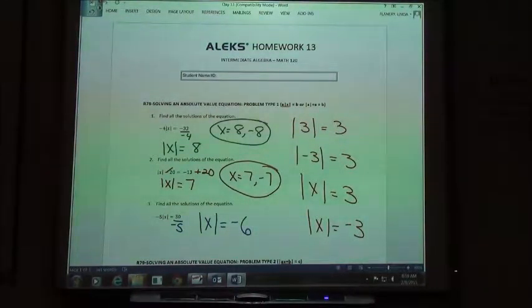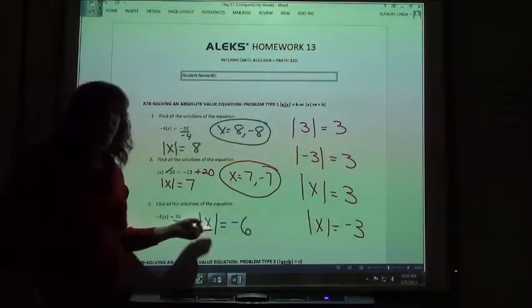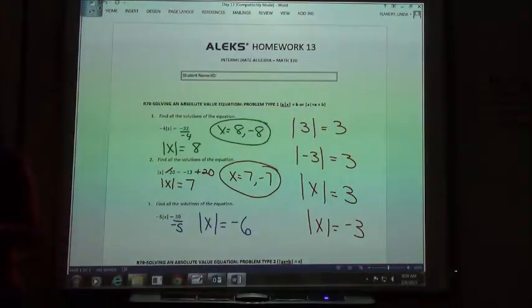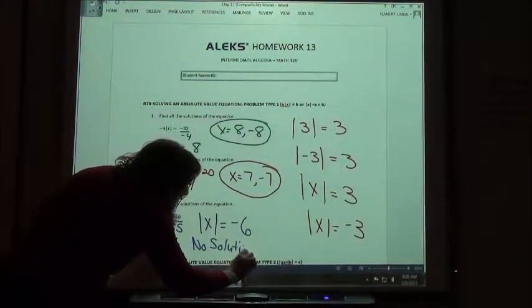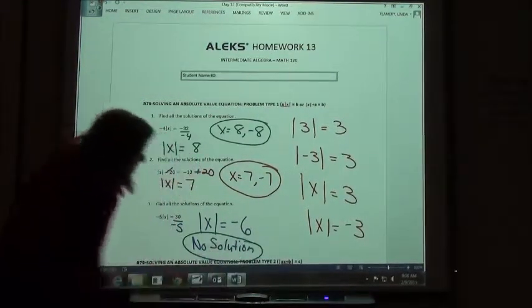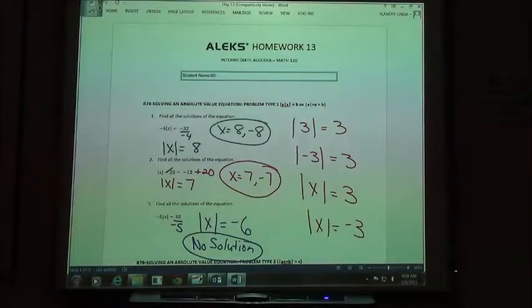Because what's the absolute value of 6? It's a +6, right? What's the absolute value of -6? It's a +6, right? So when we do absolute values, can an absolute value equal a negative number? It never can, right? So our answer is going to be no solution. We can't do that. So we're just going to click the little thing over to the side that says that's a no solution. Absolute values can't equal negative values.